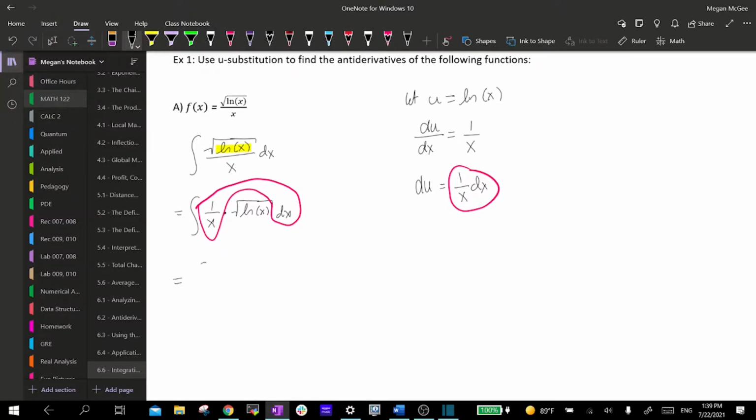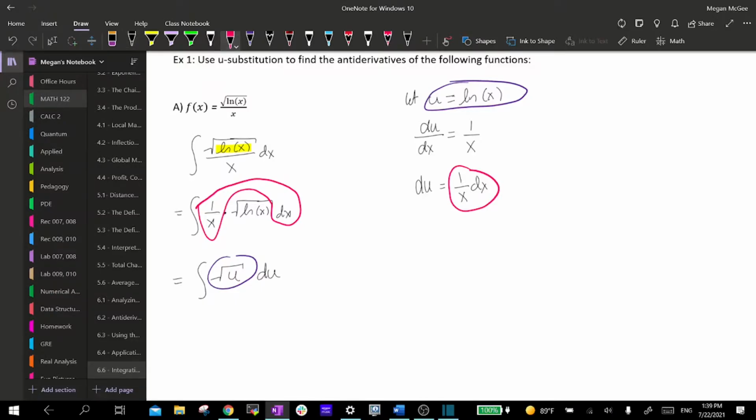So we have the integral. Our square root of the natural log of x becomes the square root of u, because we're doing our substitution here. And then our 1 over x dx becomes our du.